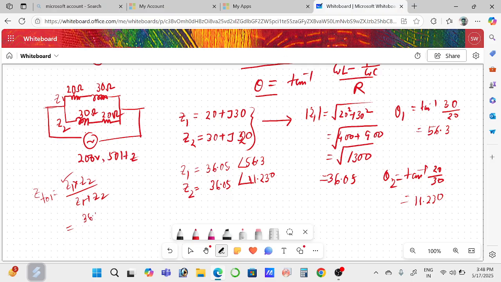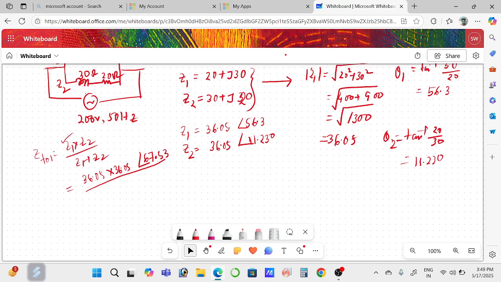This is 36.05 into 36.05, and the angles will add up. That means 56.3 and 33.69.